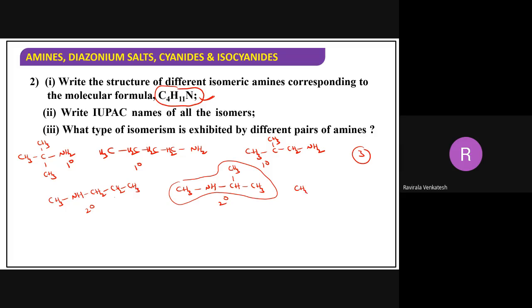Let me take CH3, CH2, NH, CH2, CH3. This is one more secondary amine. Can you get one more? I got 3 here. One more you can't get here. Next, tertiary amine: CH3, N, CH3, CH3, and here you put CH2, CH3.